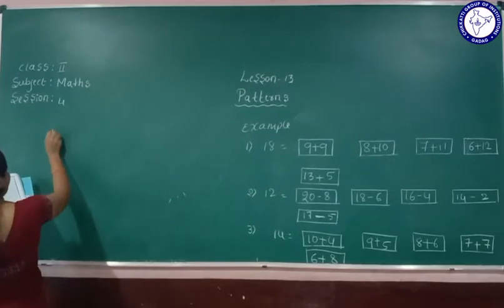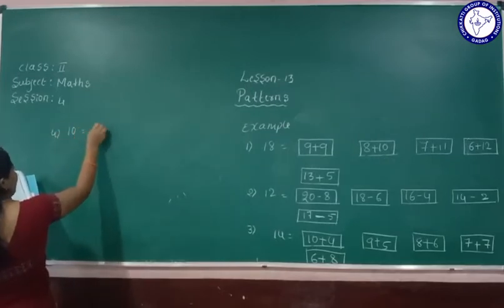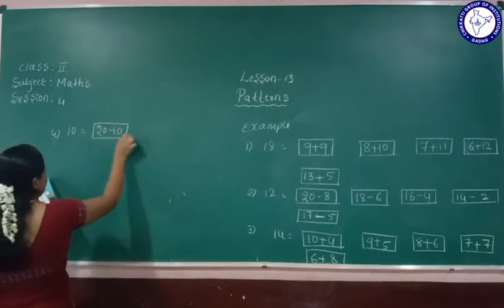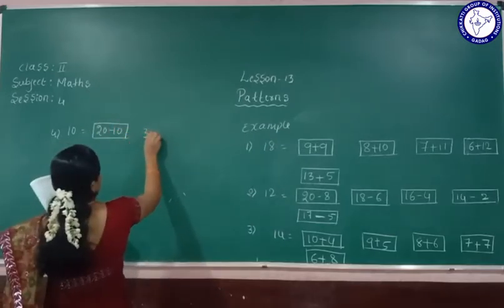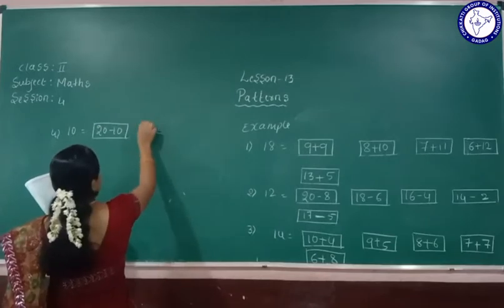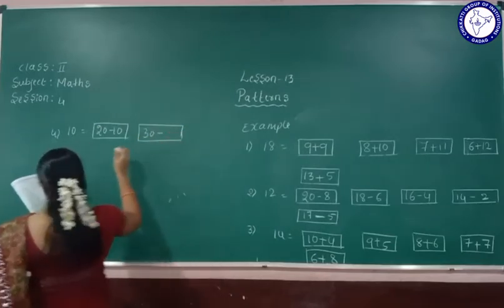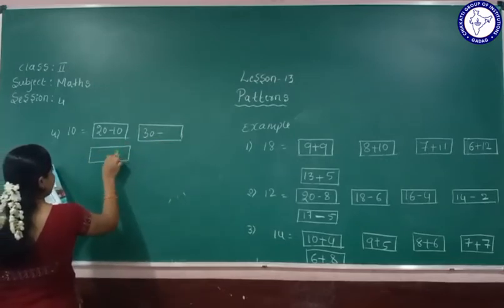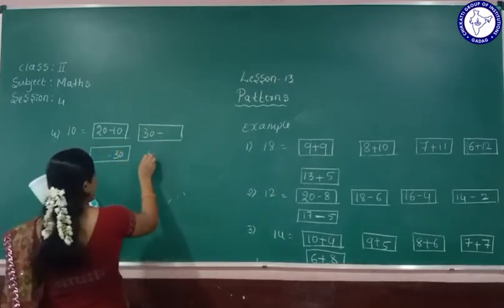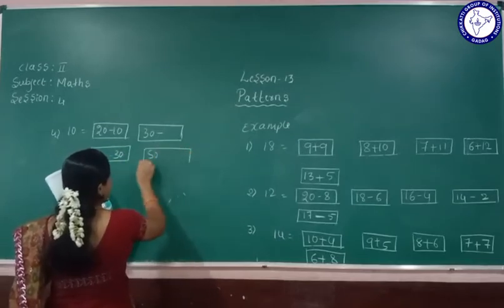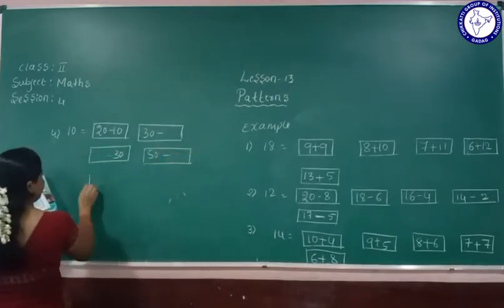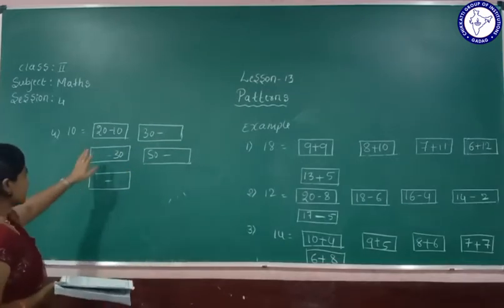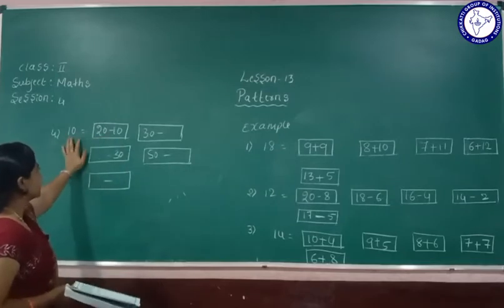Next, that is the fourth one they have given here. 20 minus 10, 30 minus, here, minus 30, 50 minus, and here. 20 minus 10, we can get the answer how much?